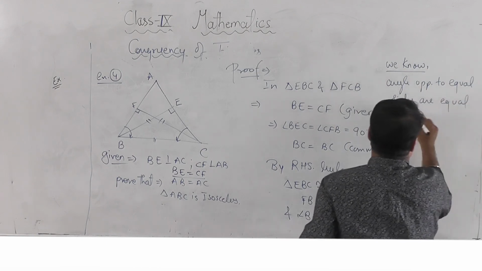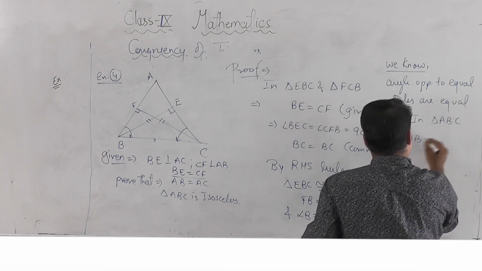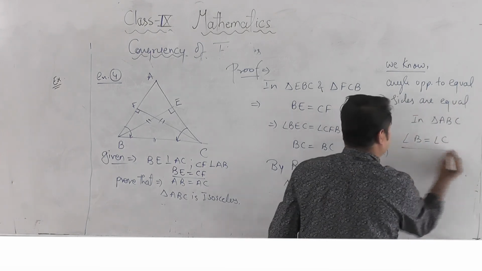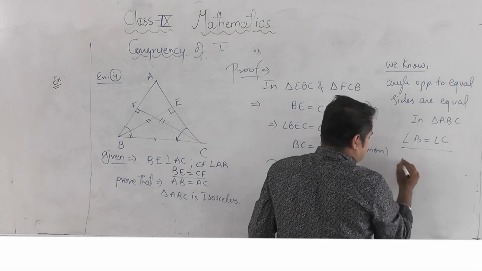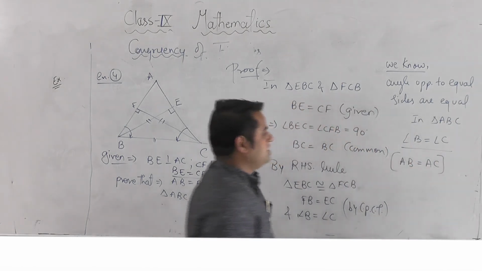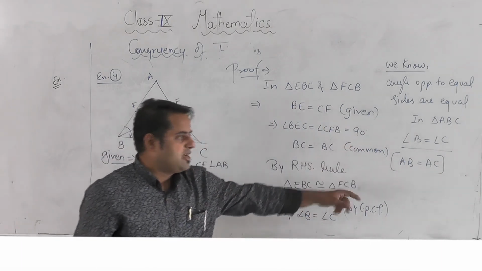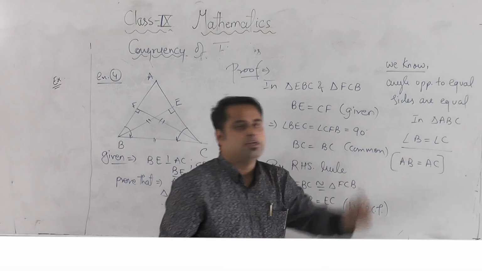So in the whole triangle ABC, if angle B and angle C are equal, this is only possible when sides AB and AC are equal.